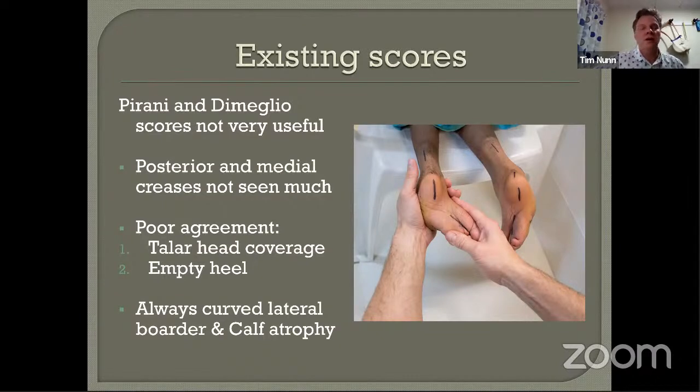We did a study which showed very poor agreement between observers on whether the talar head was covered in these feet or not, and whether the heel was empty or not. There did always seem to be a curved lateral border and significant cast atrophy, reducing the discrimination effect of these elements of the scoring systems. So we concluded that the Pirani score wasn't super helpful for our population.